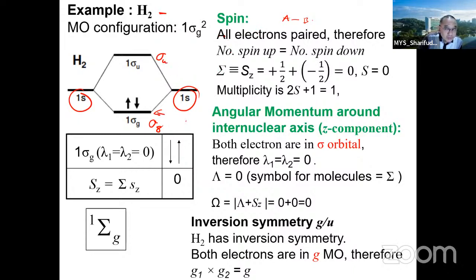The irreducible representations are given by sigma, if I'm not mistaken.